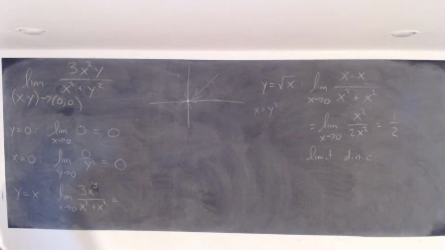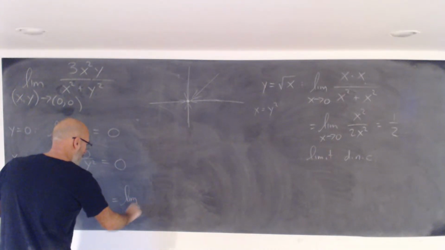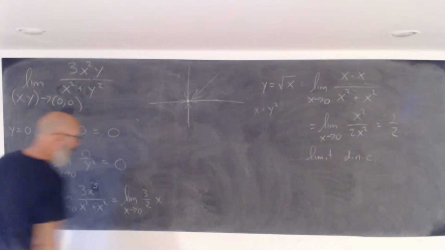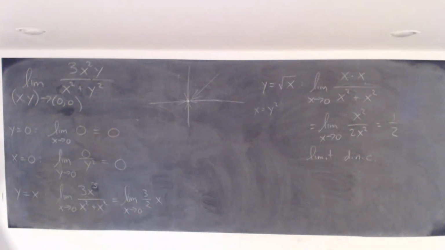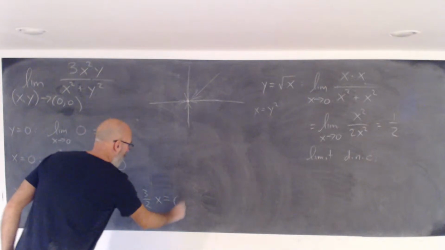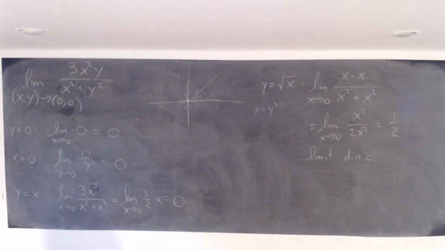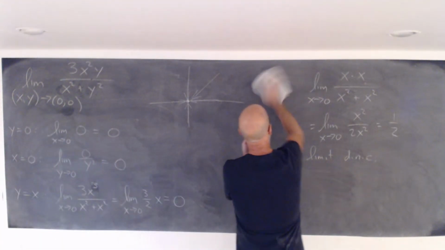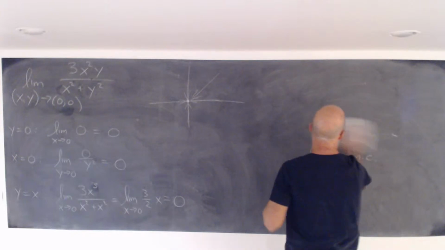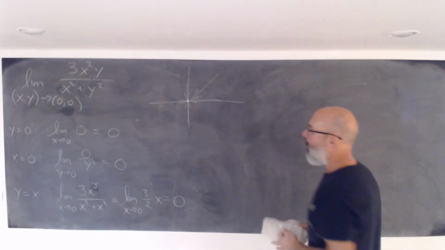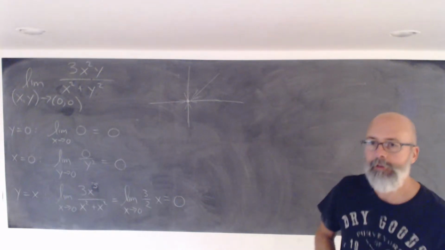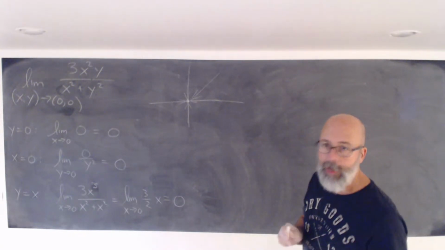So this is really 3 over 2x, whose limit is 0. So again, if the limit does exist, it has to be 0. But we're still not convinced.